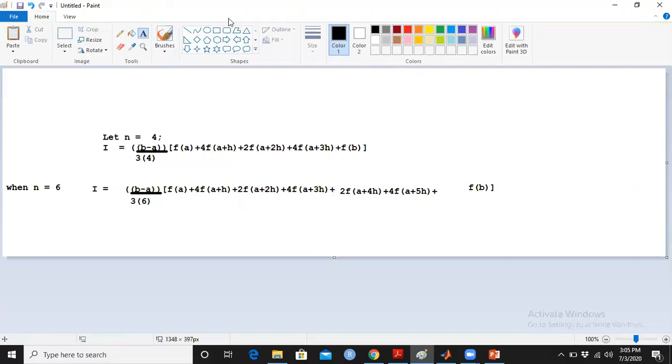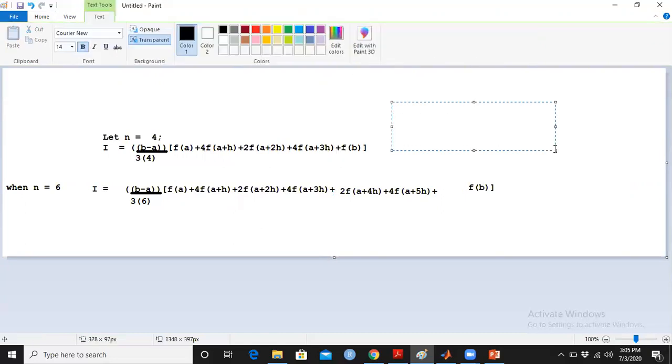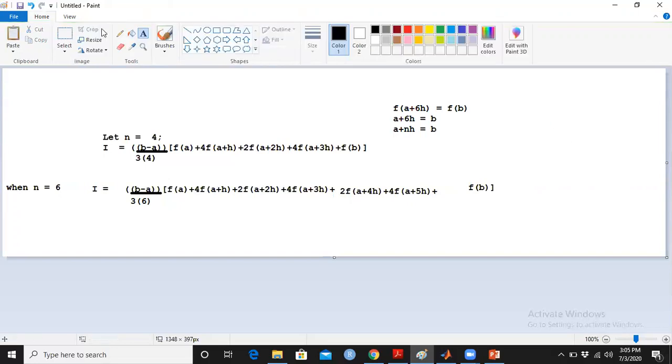Let me write it here: f of a plus 6h is actually f of b, because a plus 6h is equal to b, and in general a plus nh is equal to b. Okay, now this is the formula.